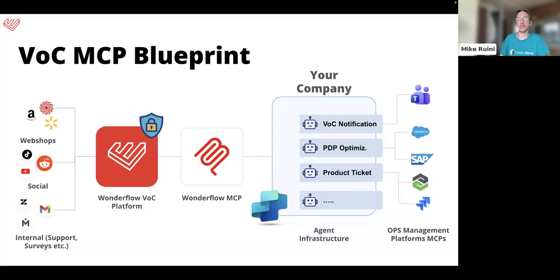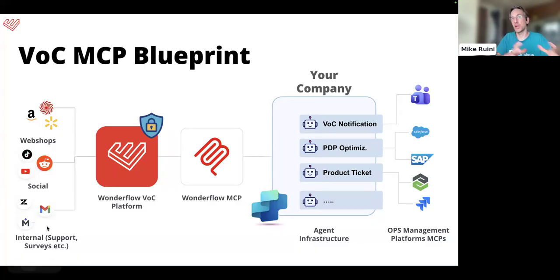And again, this is how a voice of the customer MCP integration would look like. Okay, so on the left here you have the Wonderflow platform that is basically your repository of consumer knowledge from a variety of sources, like reviews, social, internal data like surveys, support tickets.